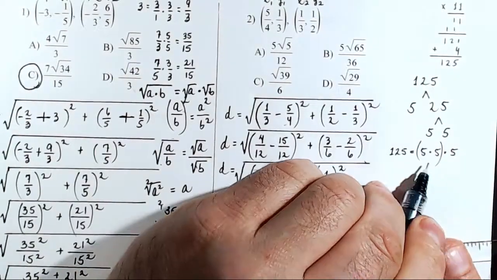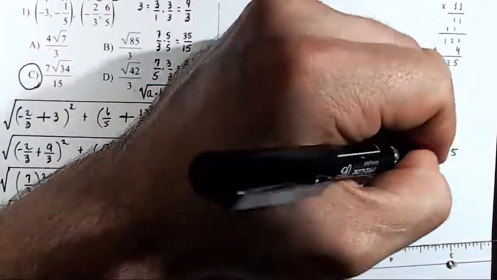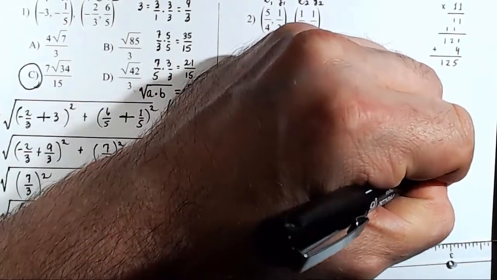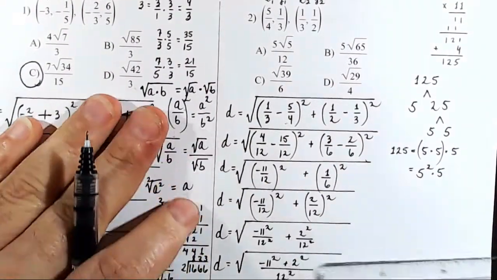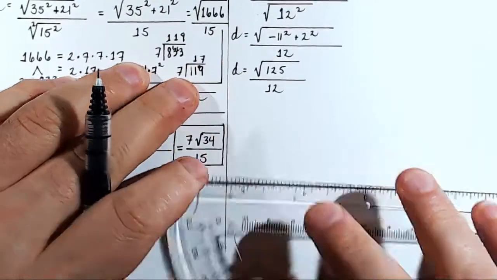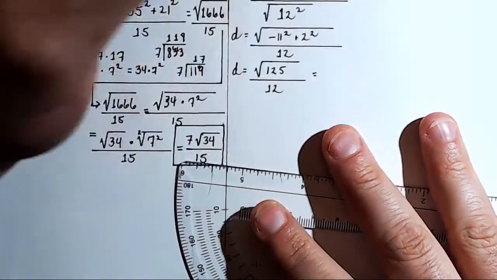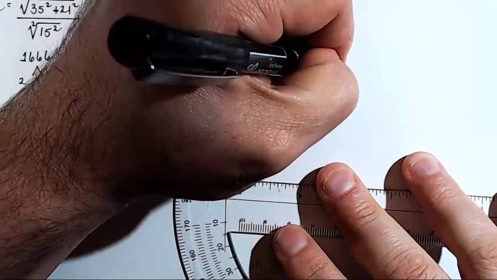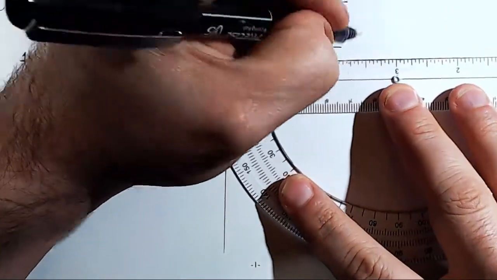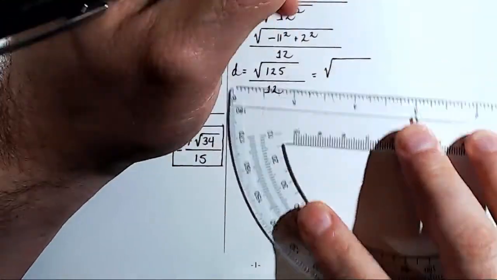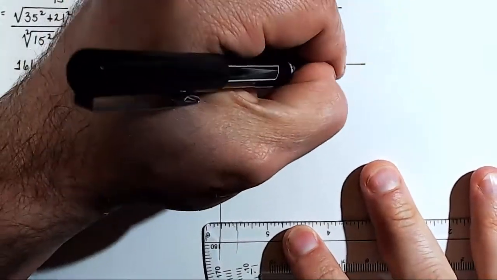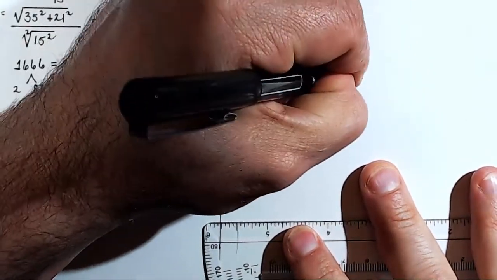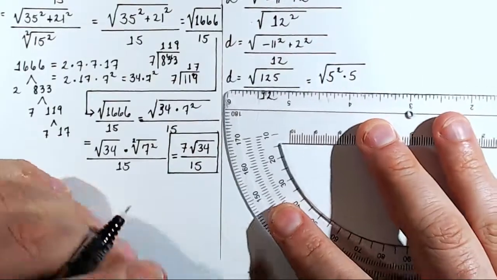So instead of writing 5 times 5 times 5, I can write 5 squared times 5. Every time I can get something squared like that, I can pull it out of the square root. All right, so let me go back here and just put an equal sign here. So now this is equal to the square root of, not 125, but 5 squared times 5, all over 12.